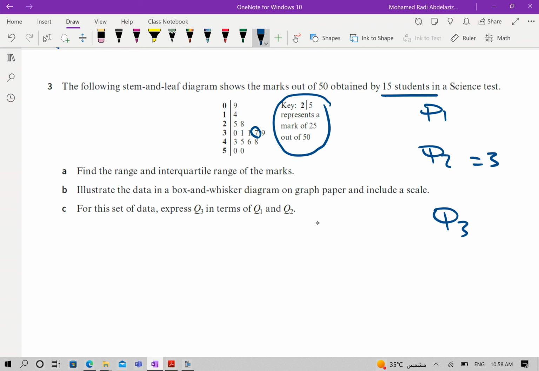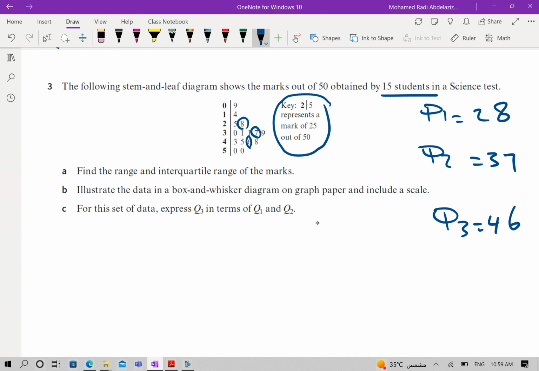Q2 is 37. How many values before it? 7 values. Where is the median? 7 divided by 2 is 3.5, rounded up will be the 4th: 1, 2, 3, 4. So Q1 is 28. Then exactly the same on the other side: 1, 2, 3, 4 will be 46.